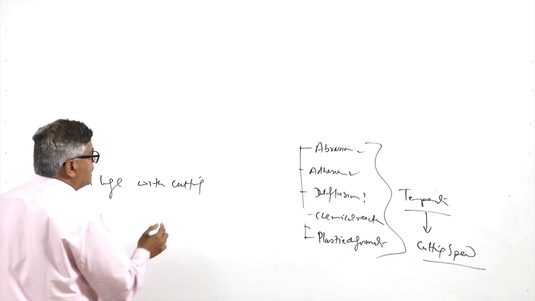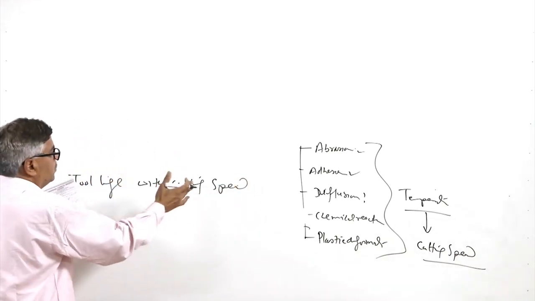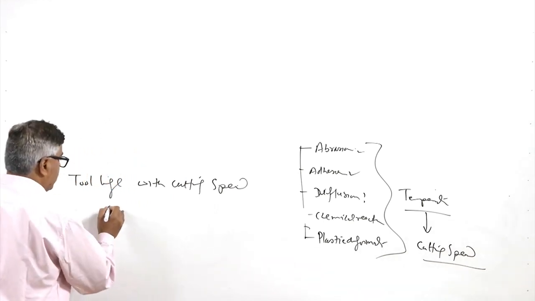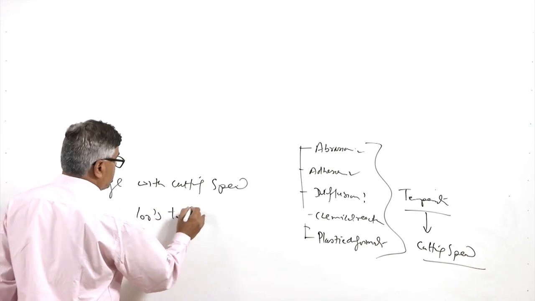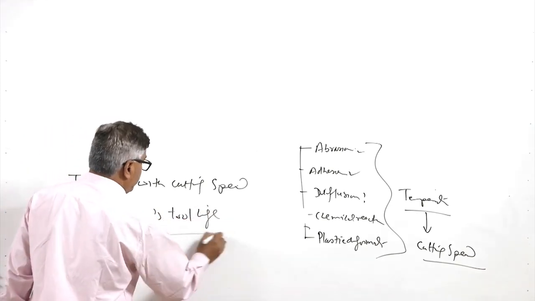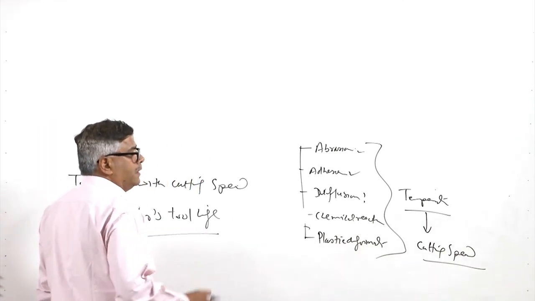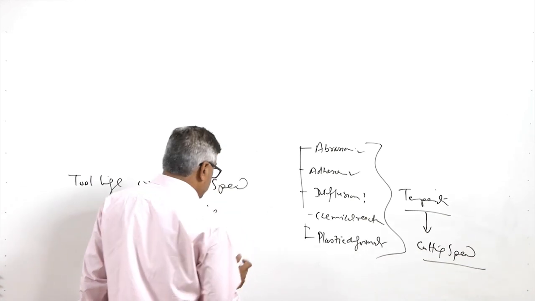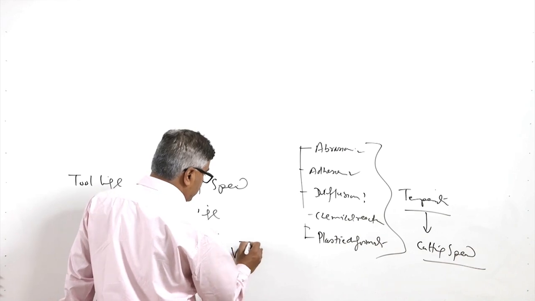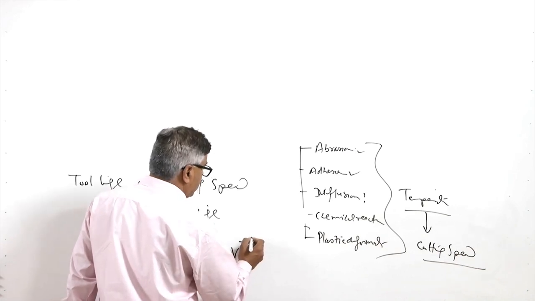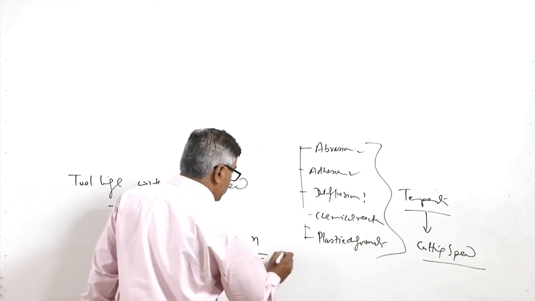One of the very famous relations, Taylor's tool life equation, is very commonly used for showing the effect of the cutting speed on the tool life, and this is expressed as V T^n = C, where T is the tool life.